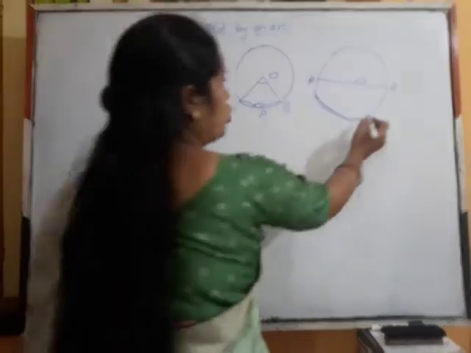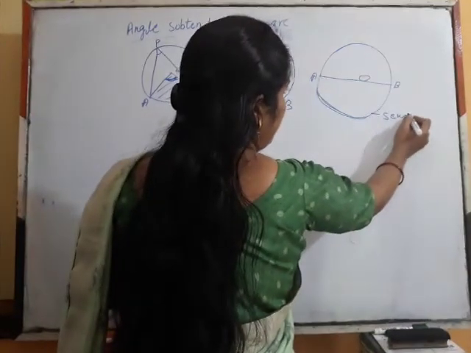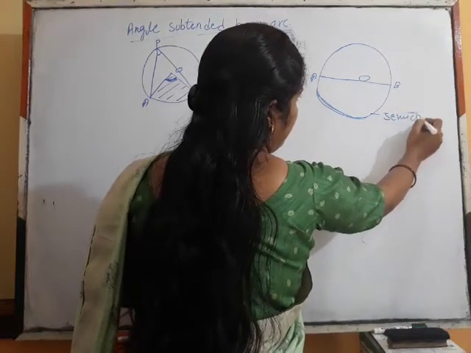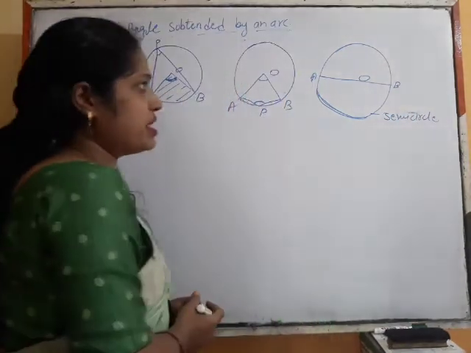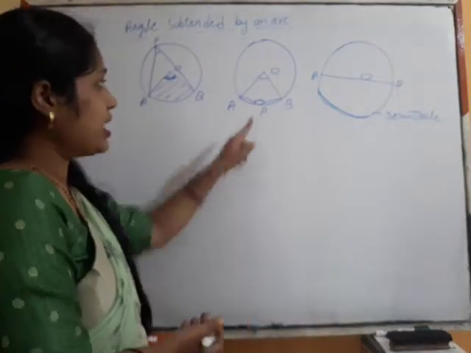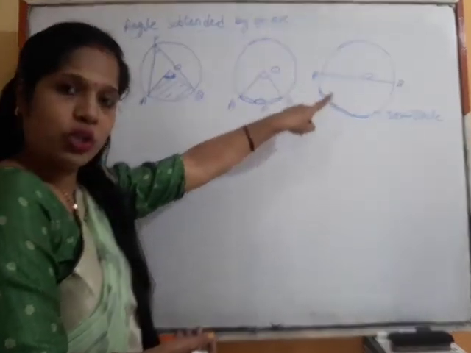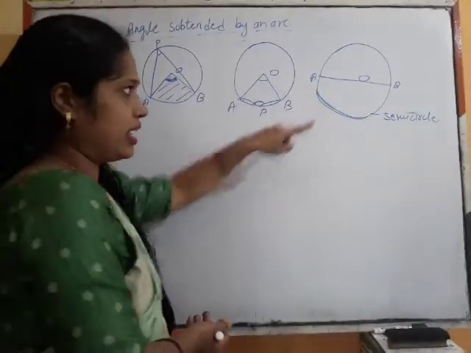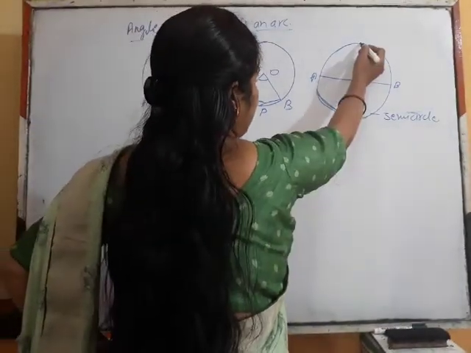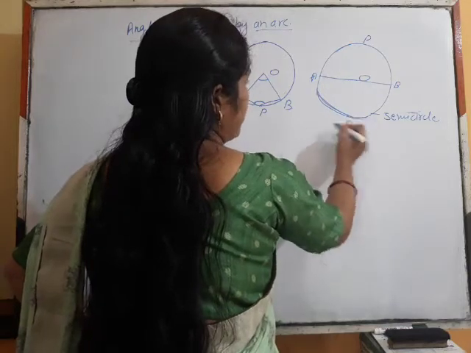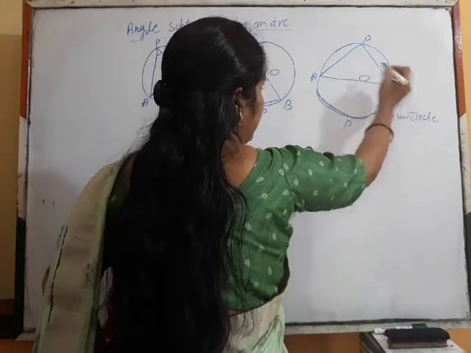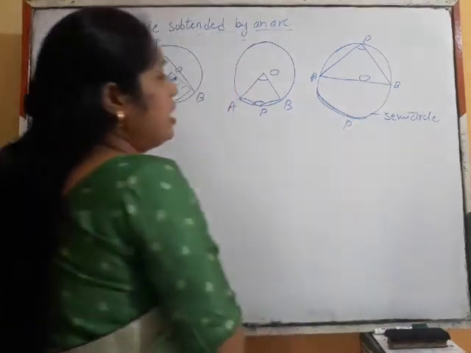Each arc is known as a semicircle. Both the semicircles are also sectors, and since both the areas of the sectors are equal, we can take the point on this part or this part also. If I join both the ends to that point, it will subtend an angle here also.